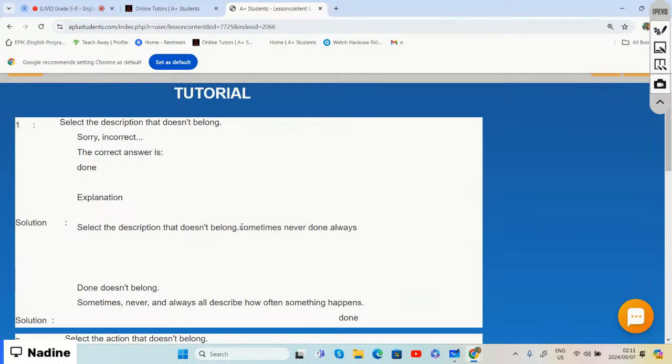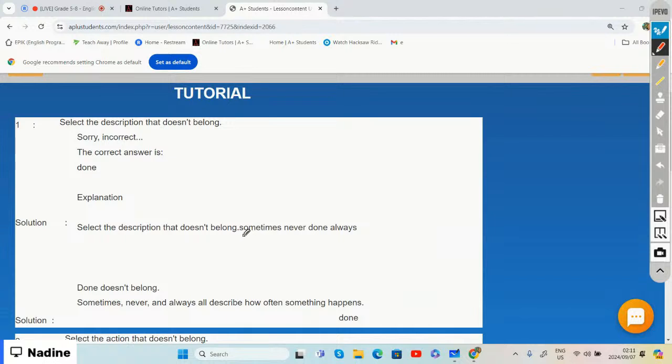So we have the word sometimes, we have the word never, done, and always. So sometimes, never, done, always. If we look at that group of words, sometimes, never, done, and always, what are the words that doesn't belong there? Just one word that doesn't belong.